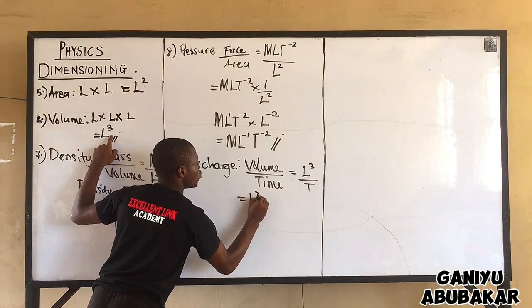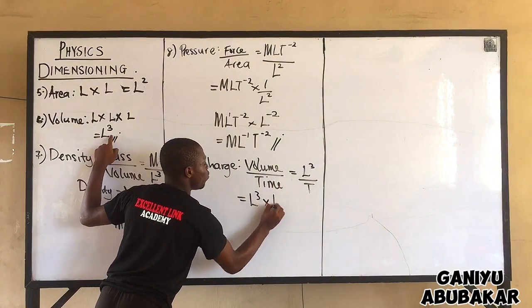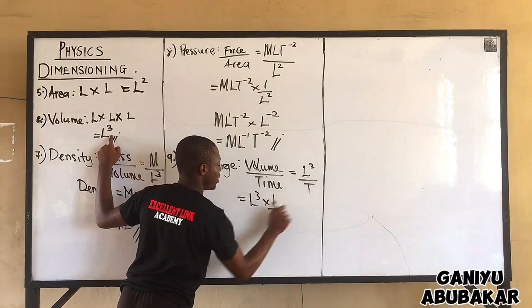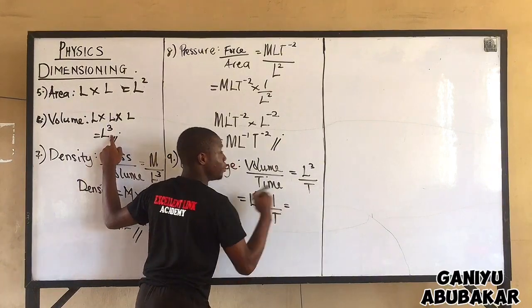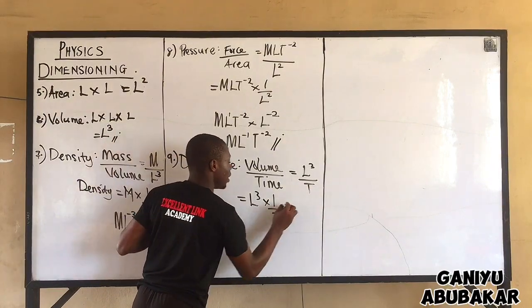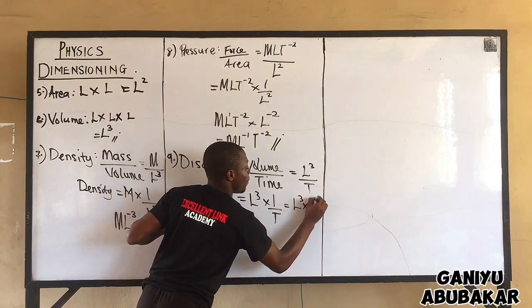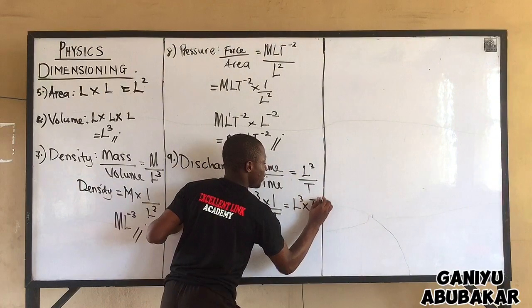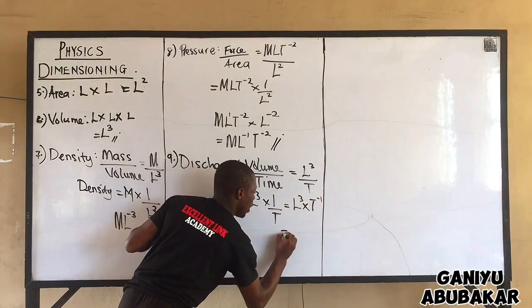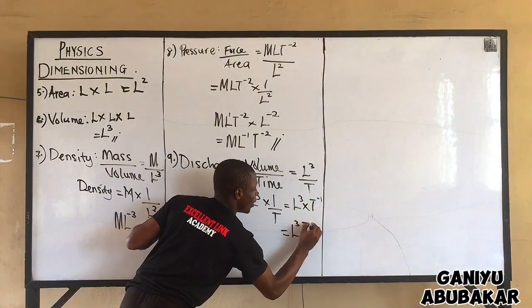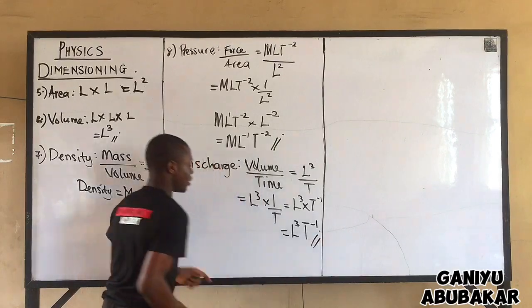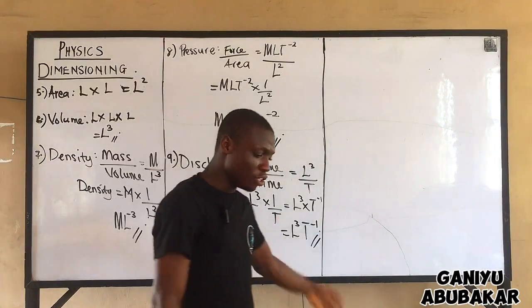That's L cubed times 1 over T. Shift out T, I have this. So my final dimension for discharge becomes L cubed times T to the power minus 1. Multiply these two, I'll have L cubed T to the power minus 1 as my dimension for discharge.